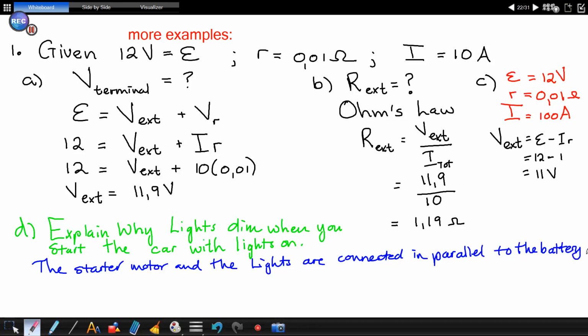Because the battery is supplying this voltage. Okay? So when you turn the key in the ignition, what are you doing? You are connecting the starter motor. Yes. You are connecting the starter motor in parallel to the lights. What's going to happen to the resistance in the circuit?